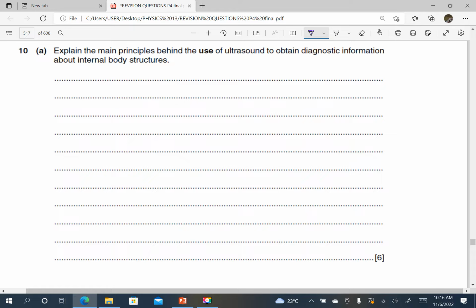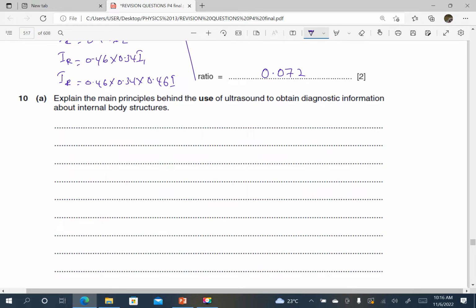So let us try to explain it fully and easily. First of all, we begin by producing ultrasound.